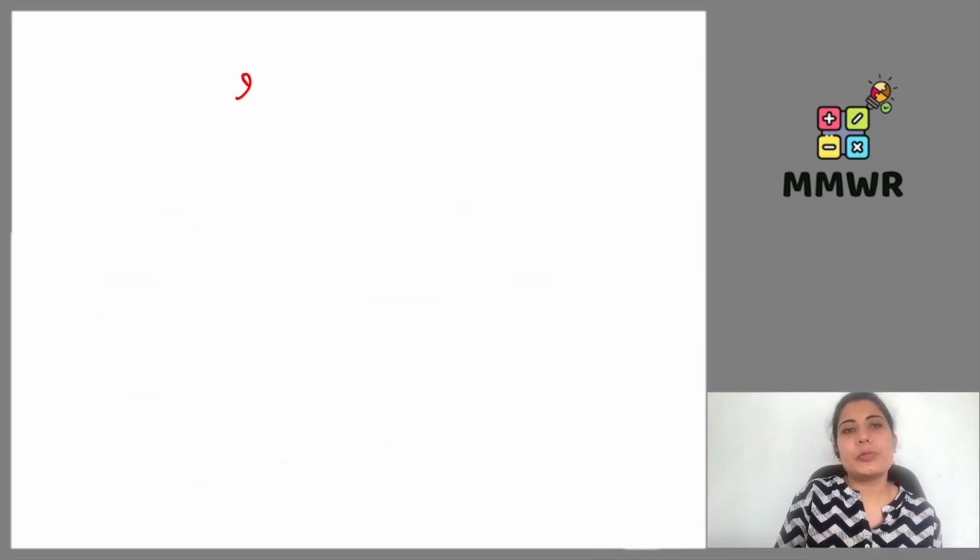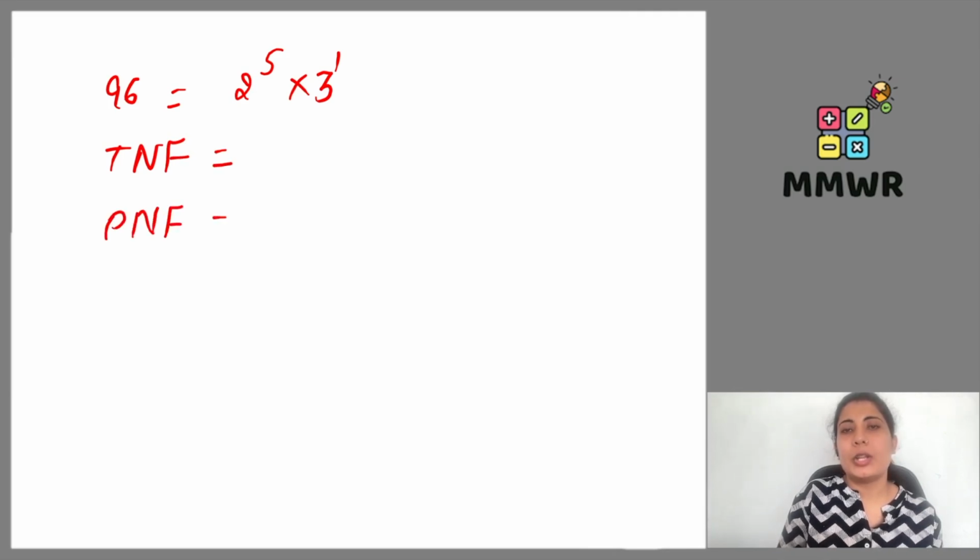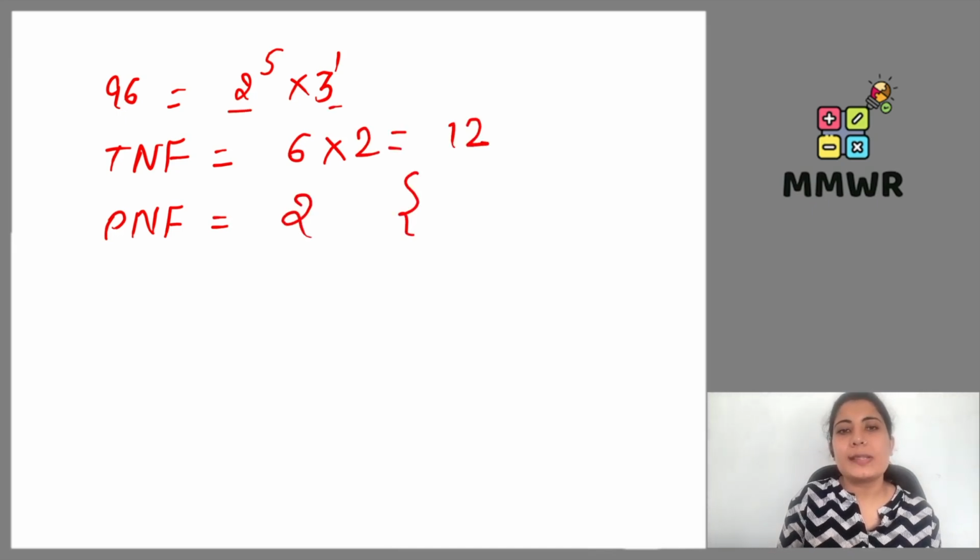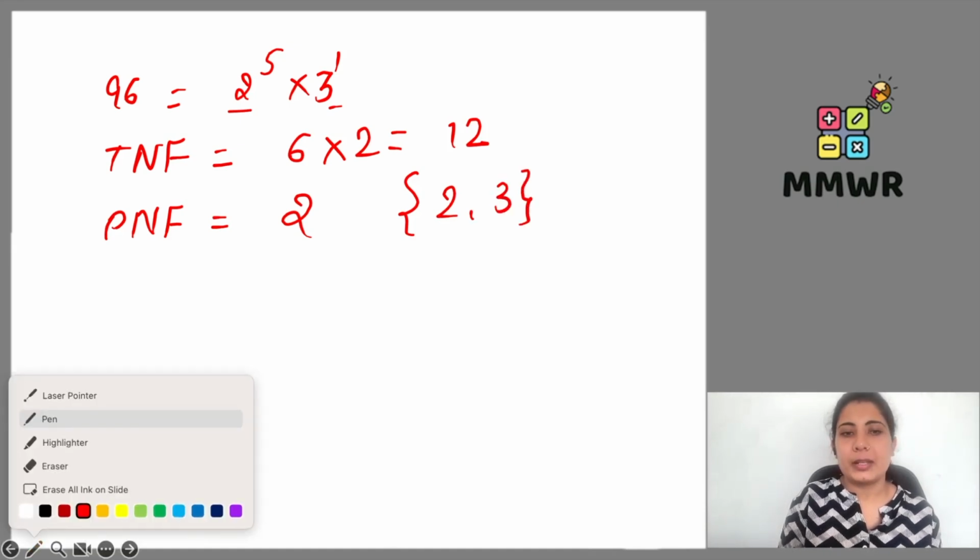After getting it this way, we can get the total number of factors and prime factors as well. So total number of factors, 6 multiplied by 2 gives me 12, and prime factors we have only 2, which is 2 and 3. I hope it's easy to understand.